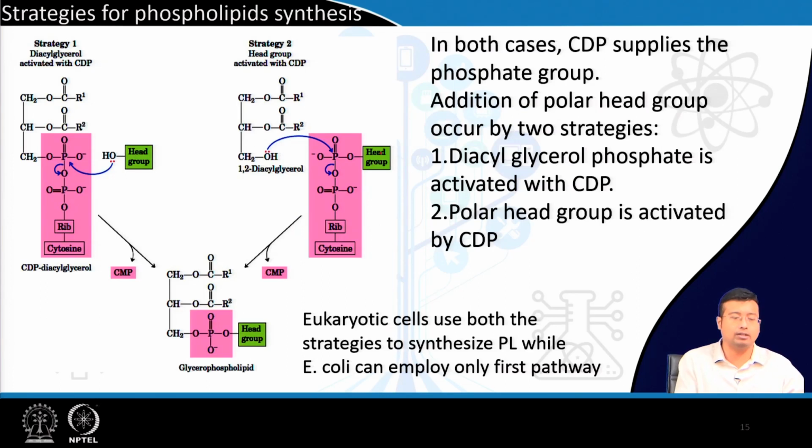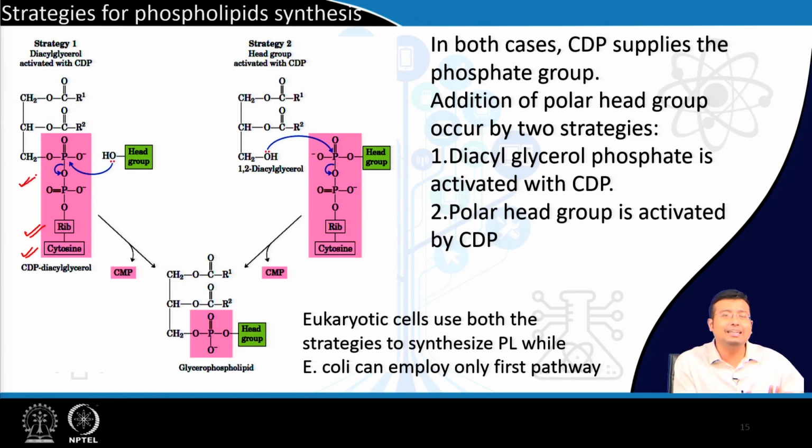So, you can see over here, whenever there is phospholipid biosynthesis, the CDP supplies the phosphate group. Here the phosphate group can be supplied in 2 ways. Number 1, as I told you, CDP means cytosine nitrogenous base, pentose sugar in the form of ribose and a phosphate group.